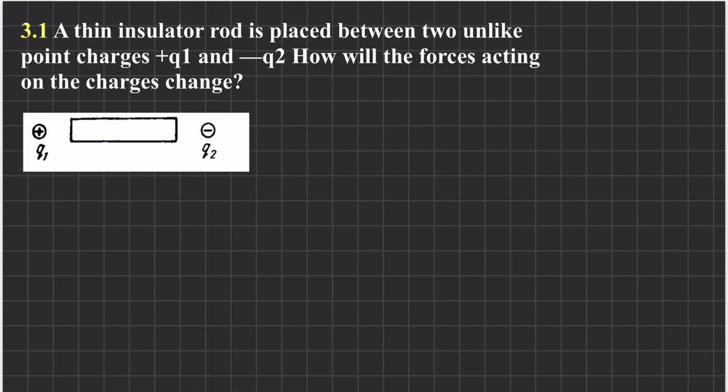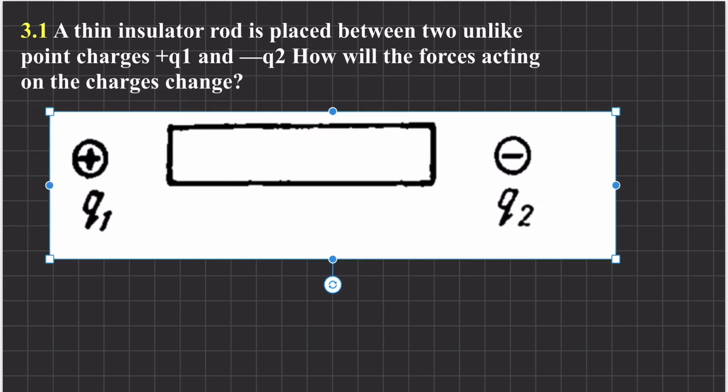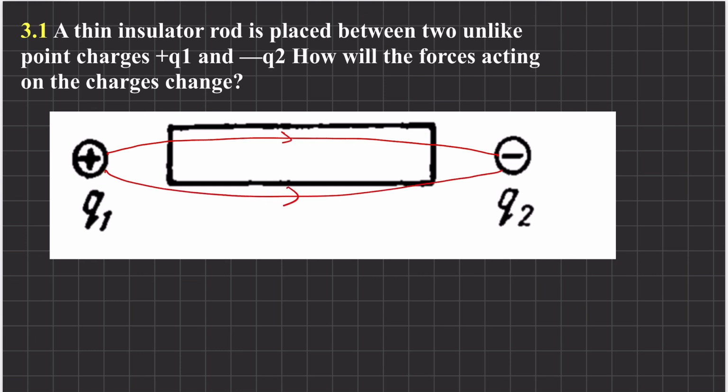So guys, let's try to see what would be happening by placing this insulator between these two charges. If I just enlarge this a little bit and show you. So guys, we know that this charge we are having, let me change the color, this charge will have this kind of electric field when the insulator was not there.